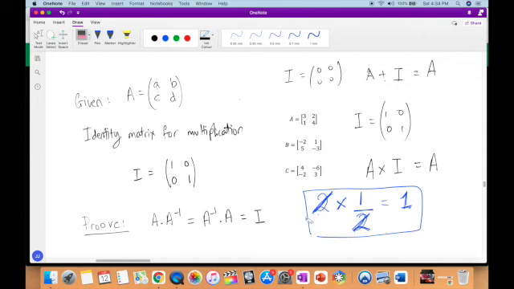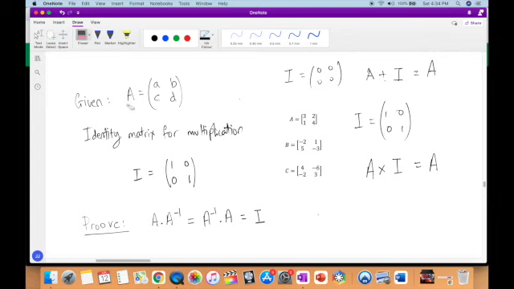Similarly, and I wonder if anybody could actually do this, if I take a matrix and multiply it by its inverse, or I take an inverse and multiply it by its matrix, I will also get the identity, which is this.